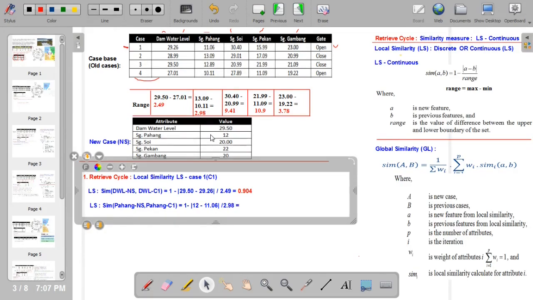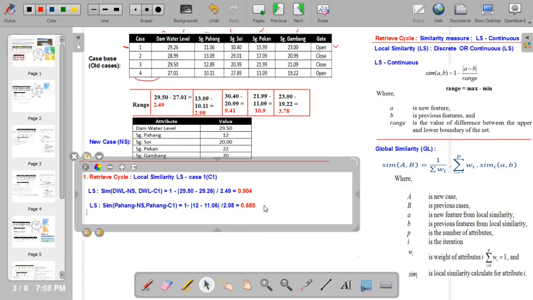It will be equal to, after we do this calculation using the calculator, we find the output is 0.685, right? So this is the similarity degree between the Bahang attribute value of the new case and the Bahang attribute value in case 1.